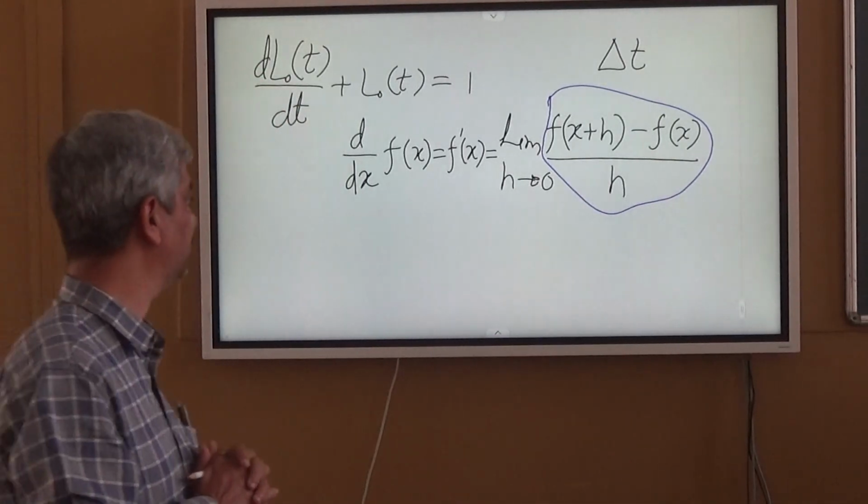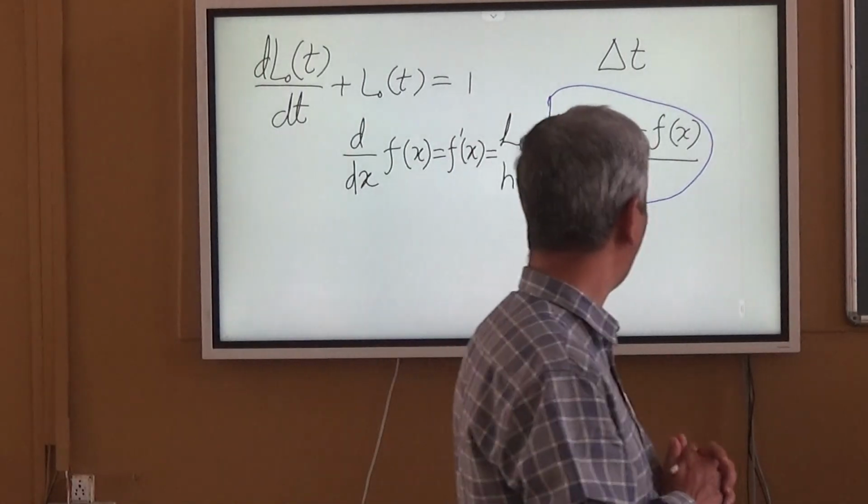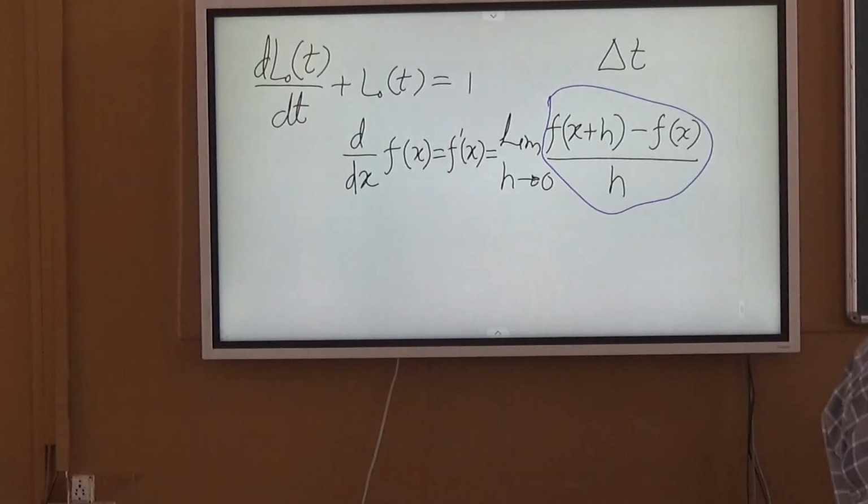So what do you think? f of x plus h minus f of x upon h. If anybody is having doubt on it or is in search of an alternative, is anybody having some thinking?